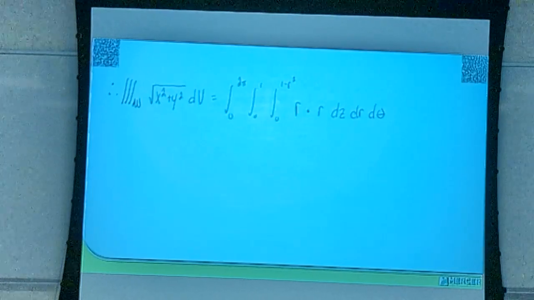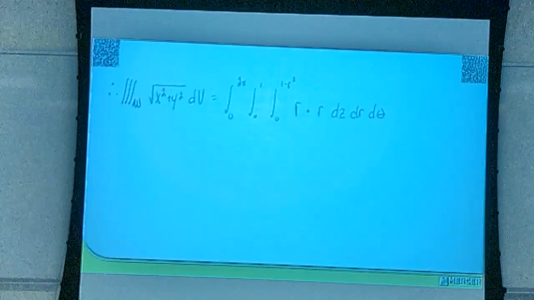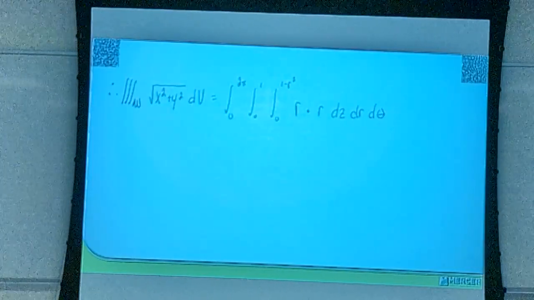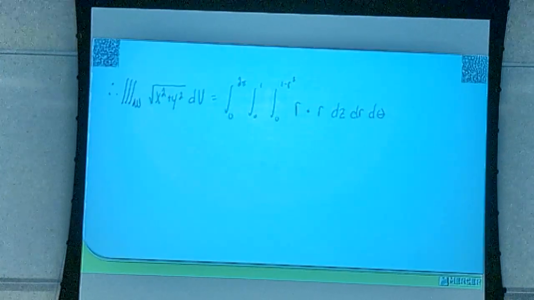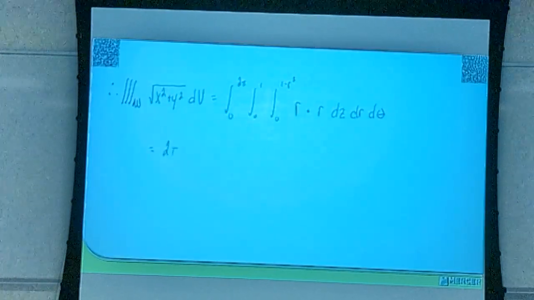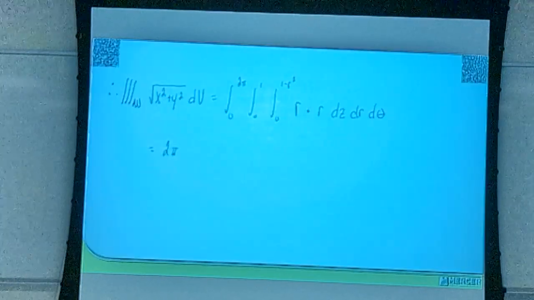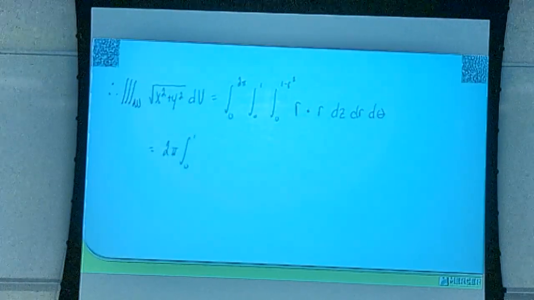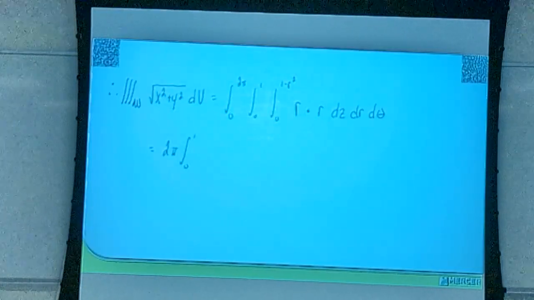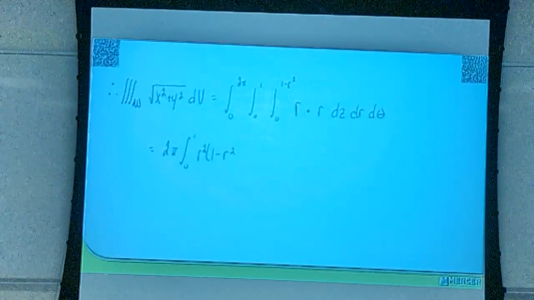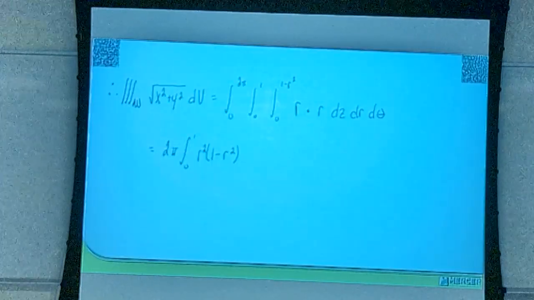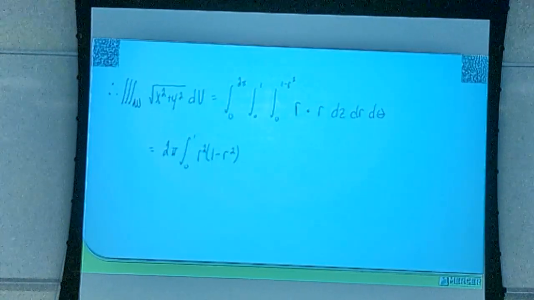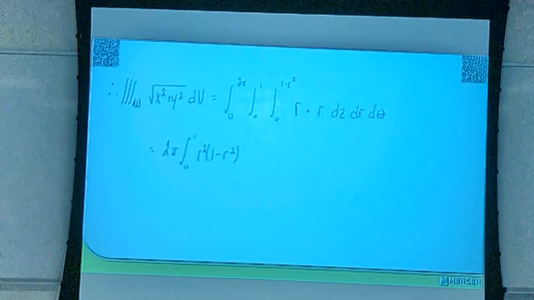Oh, that's nice. There's no z and there's no theta, so we kill two birds with one stone. Integrating with respect to theta is just going to give us 2 pi. Integrating with respect to z just gives us 1 minus r squared. z goes from 0 to 1 minus r squared.